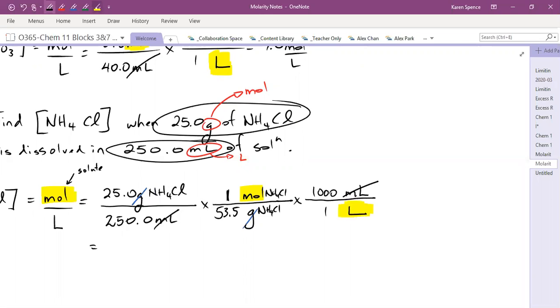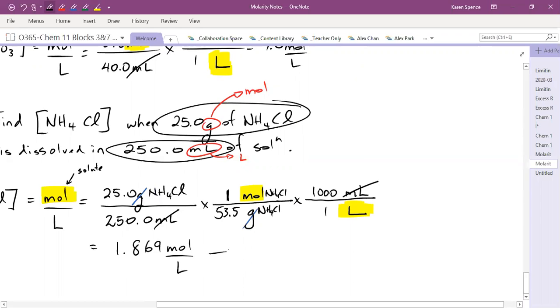We do our calculation and we get 1.869 moles per liter. Now that's not our correct sig figs. We have 3 sig figs here, and we have 4 here, and 3 here.